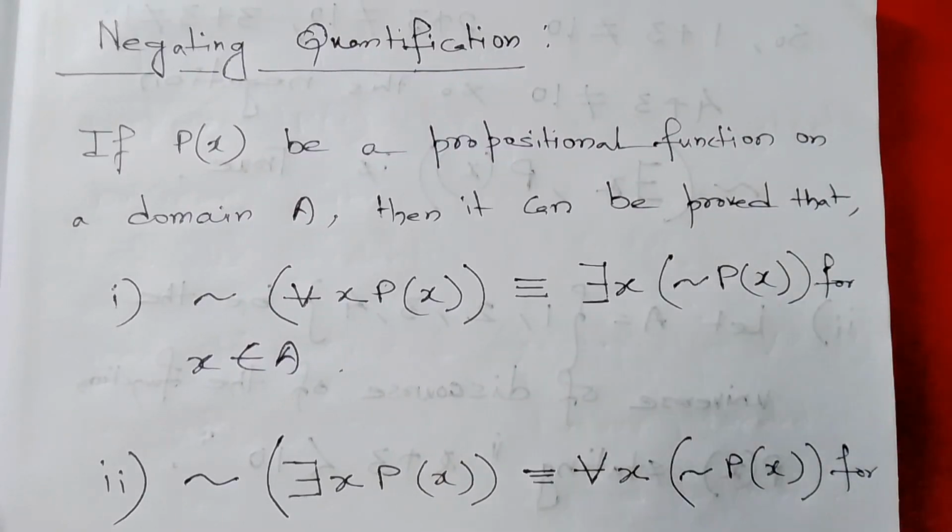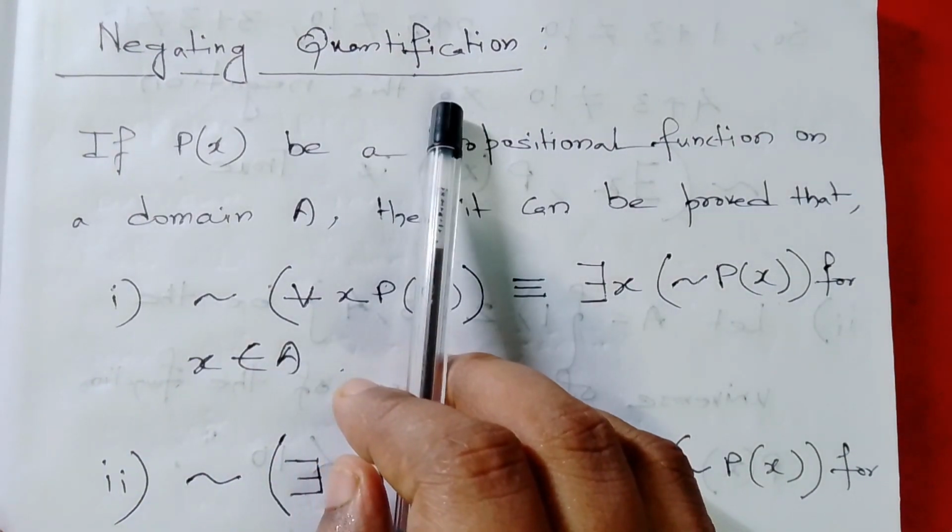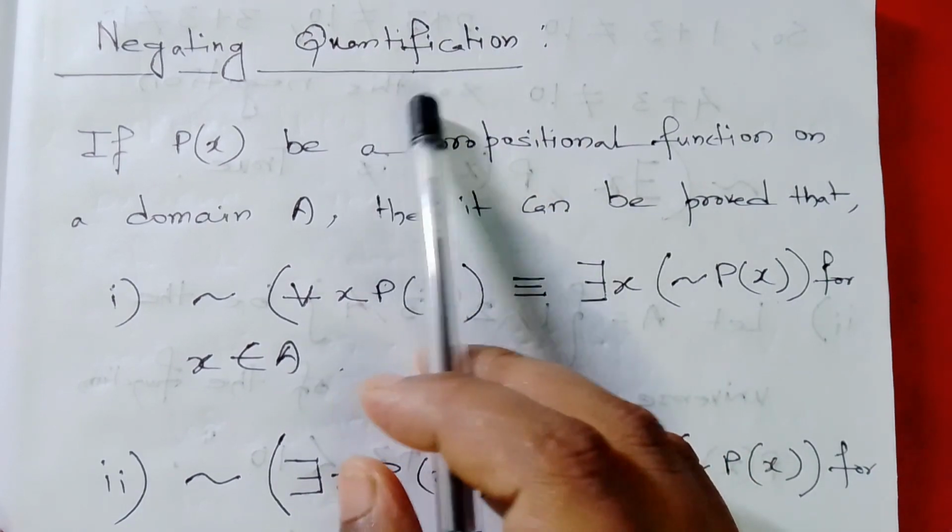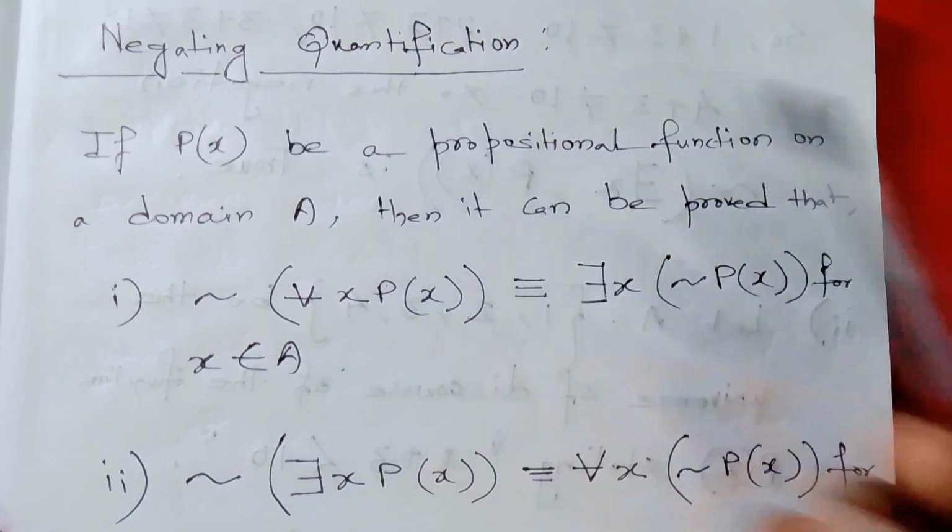Now starting with negating quantification. This is another type of quantification.